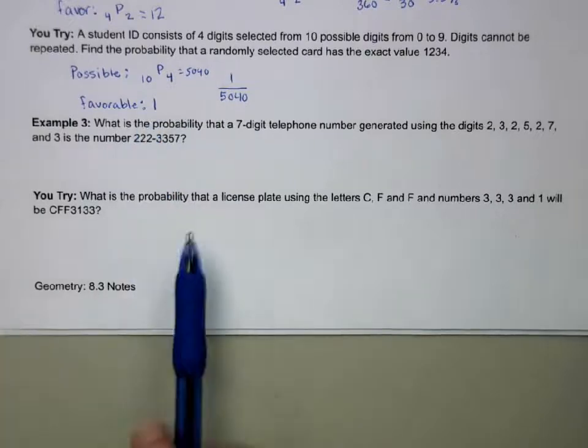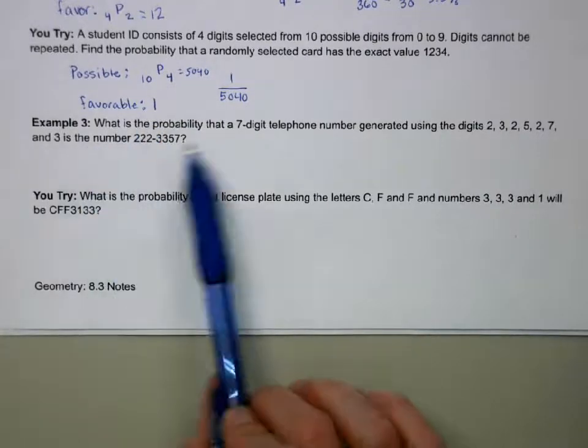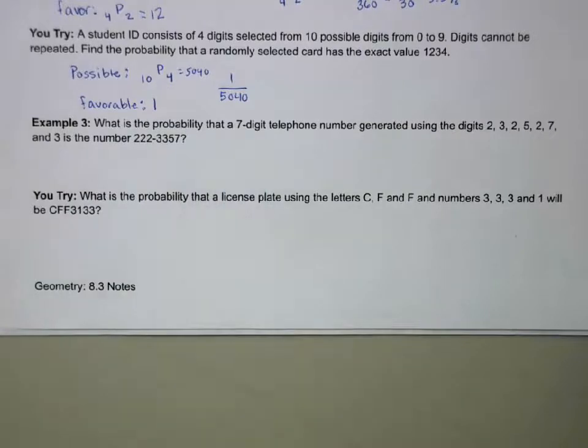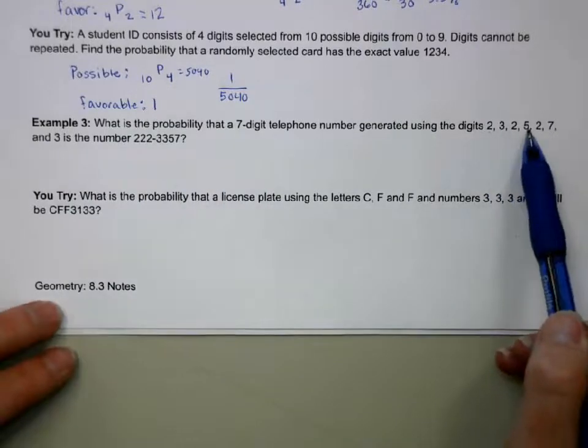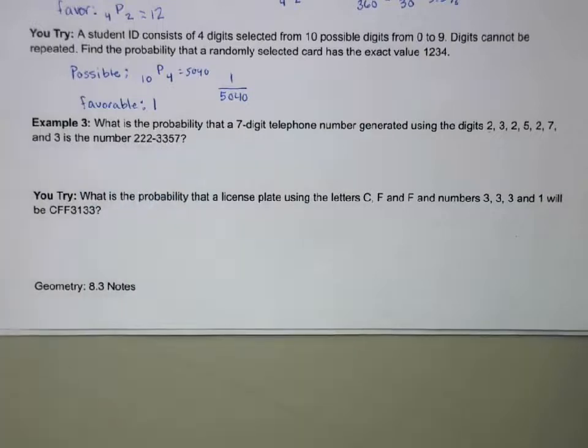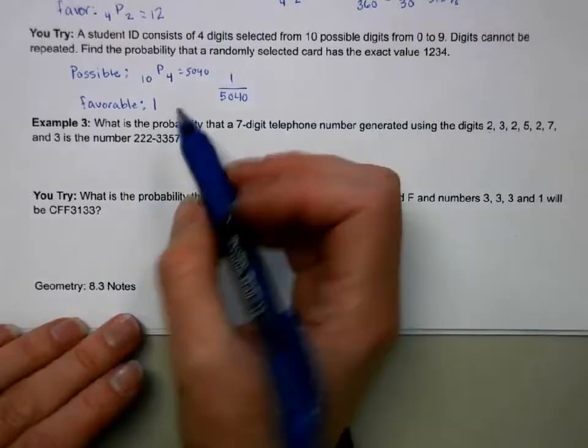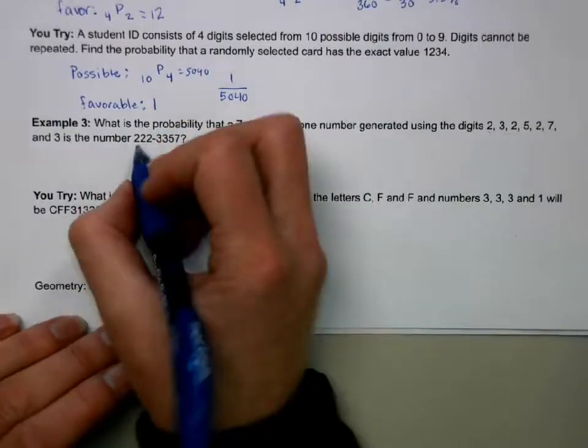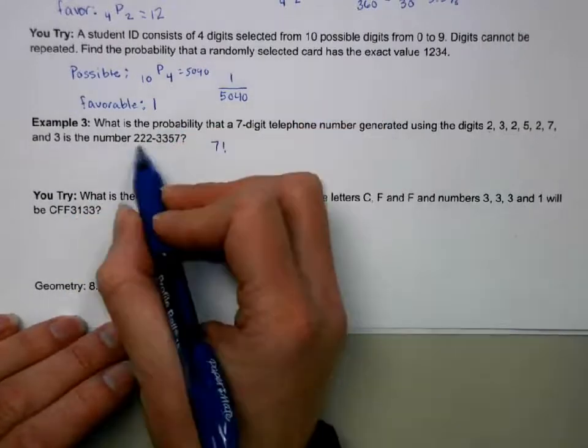All right, next we have, what is the probability that a 7-digit phone number generated using 2325273 is this exact number? Well, this is the second formula where the top is n factorial. So that's going to be 7 factorial. I have 7 numbers, but some of them are repeated.